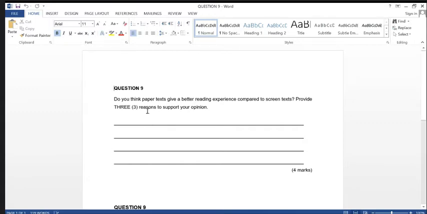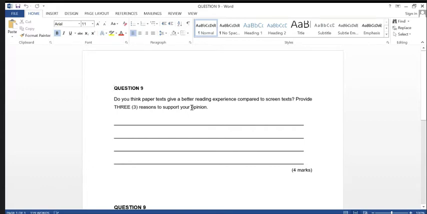Yang penting, the 3 reasons you use to support your opinion must really support your opinion. Again, pelik tapi benar dan selalu jadi, every semester akan jadi. Jawapan yes, support no. Jadi apa conclusion yang you boleh buat bila melihat jawapan macam tu? Dia tak faham pun apa yang dia tulis yes ataupun no tu.